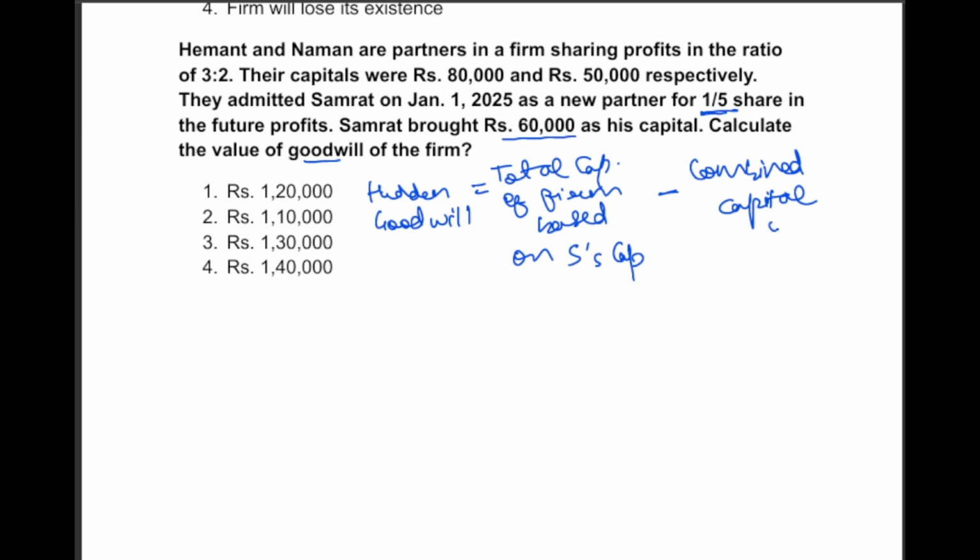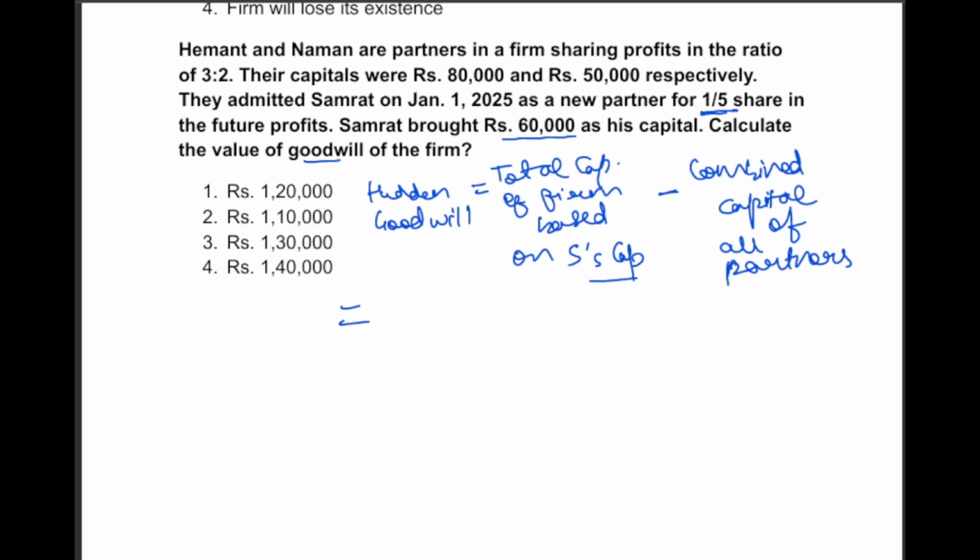All partners means old as well as new. So we'll add the capitals of all the partners. So the first part of the formula is the total capital of the firm based on the new partner's capital.